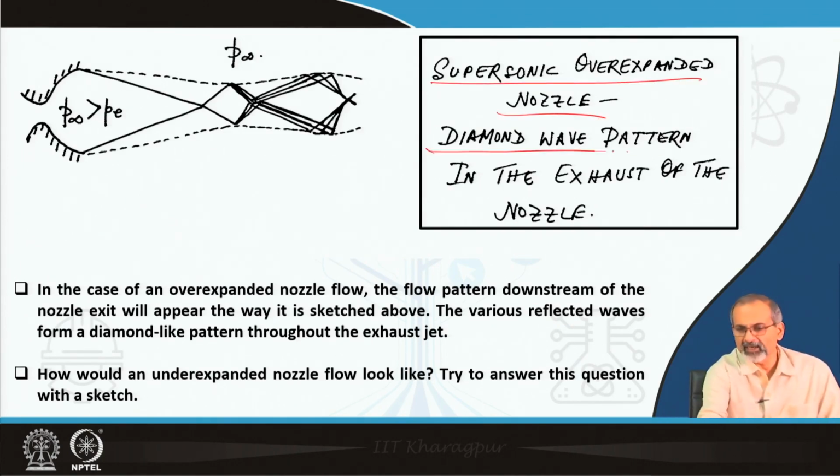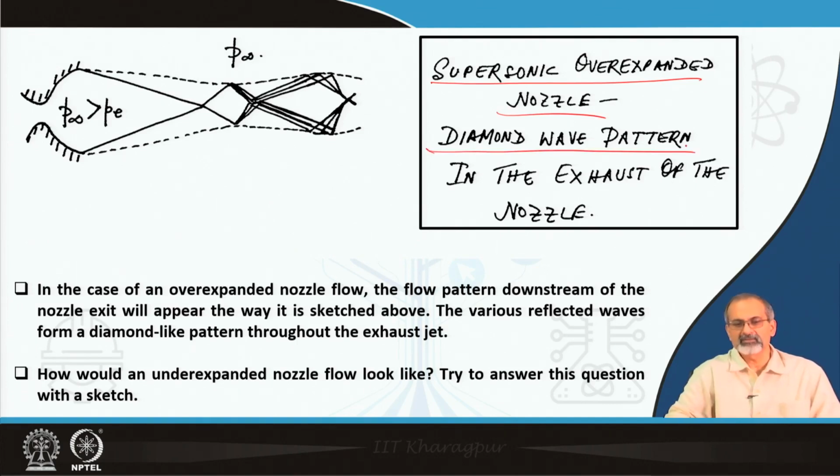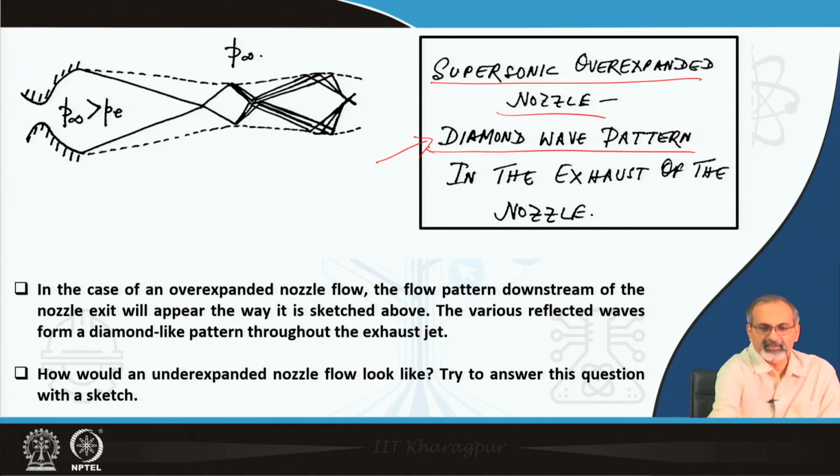We end up getting a diamond wave pattern in the exhaust of the nozzle, because of the similarity in appearance to cutout diamonds. In the case of an overexpanded nozzle flow, the flow pattern downstream will appear the way we have sketched here.